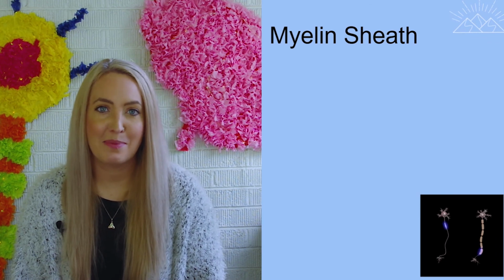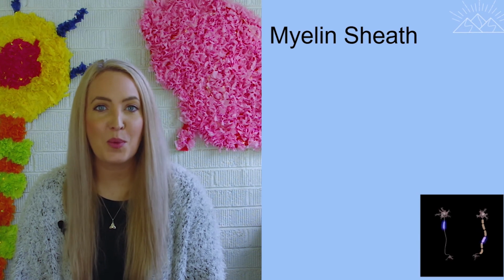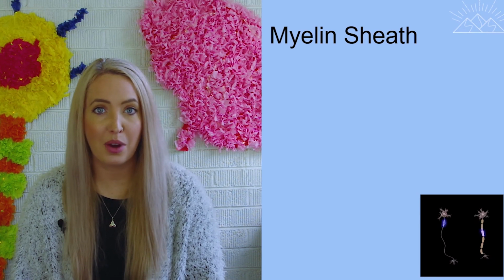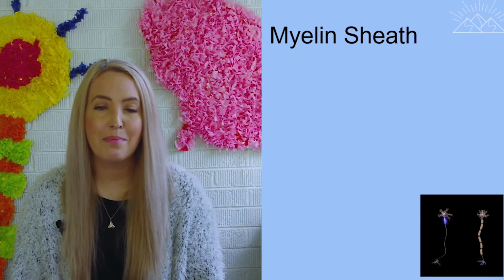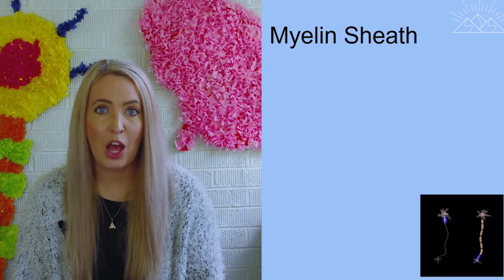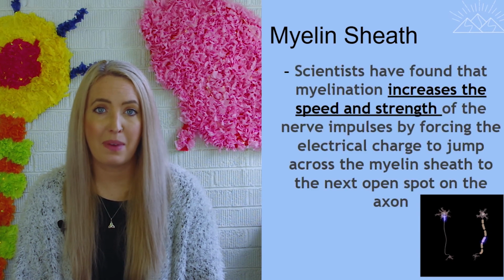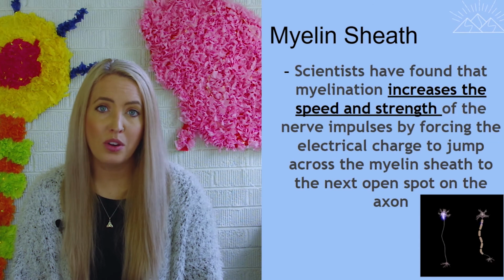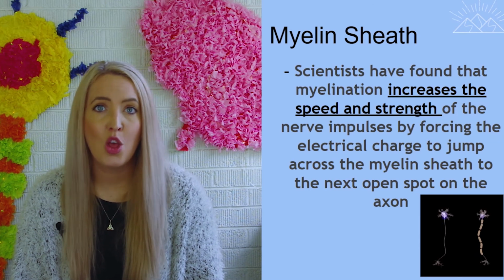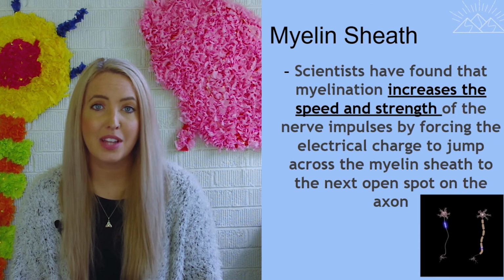The last thing I want to talk about today is the myelin sheath, because this is the one part of the neurotransmission process that can actually change the speed of neurotransmission. The myelin sheath insulates the neuron, helping those electrical charges pass by faster and easier from one neuron to the next. And the more that you use a neural connection, the more myelin sheath builds up on the brain.